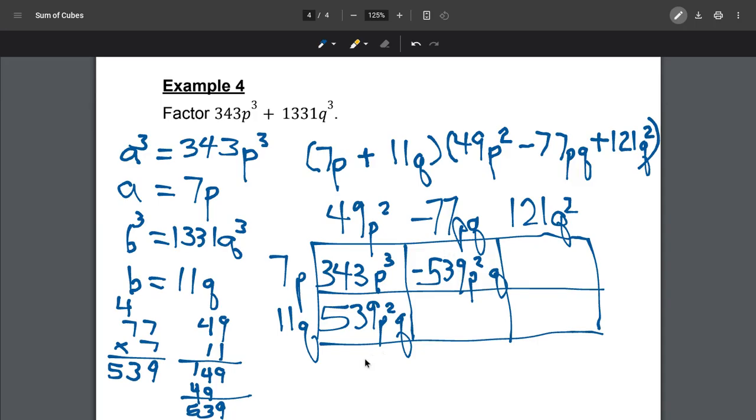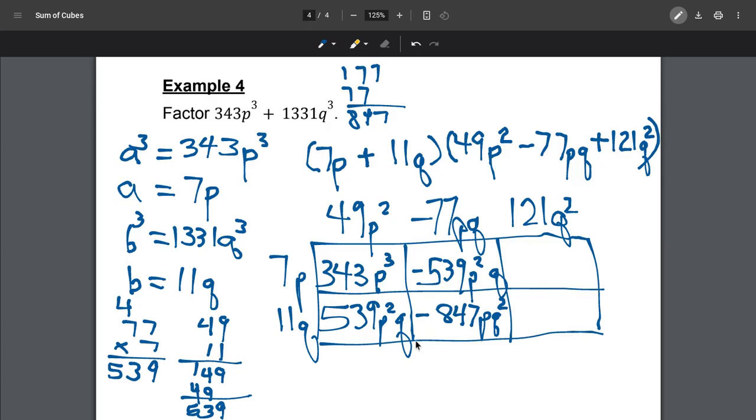Okay, then we've got 77 times 11. So this is a quick way to do it. That's 847. So we've got negative 847pq squared.